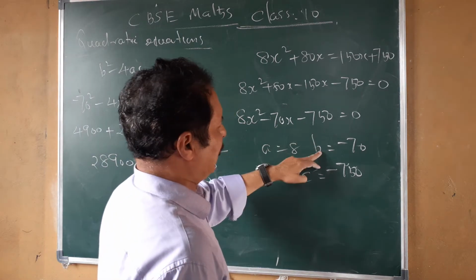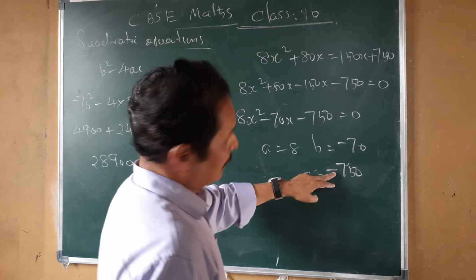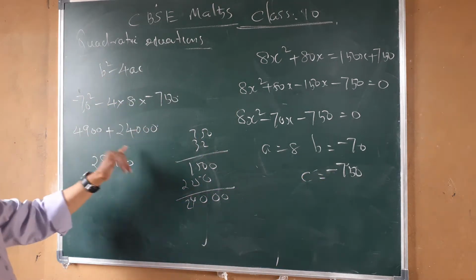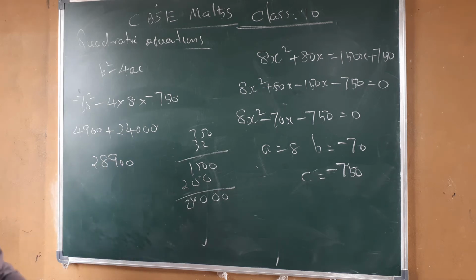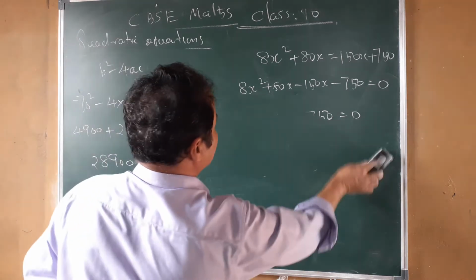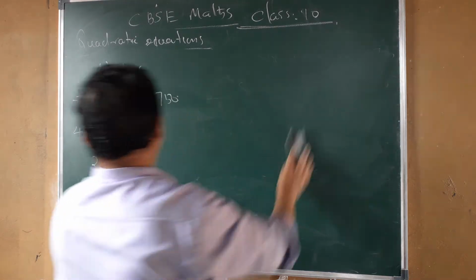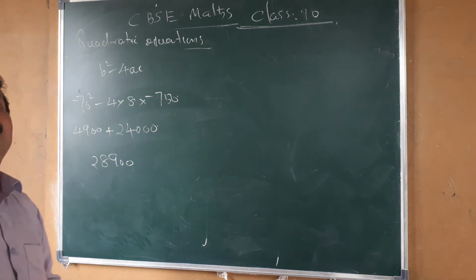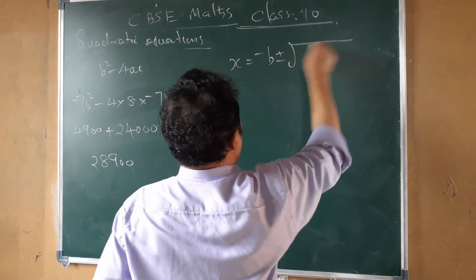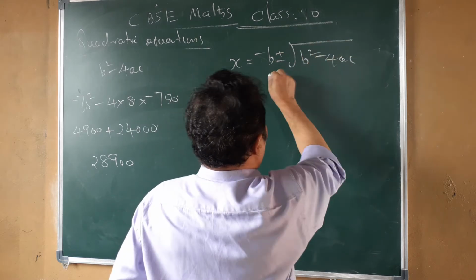Once again, this is the equation: a is equal to 8, b is equal to minus 70, c is equal to minus 750. b square minus 4ac you completed, and the root of 28,900 is 170. So x is equal to minus b plus or minus root of b square minus 4ac by 2a.